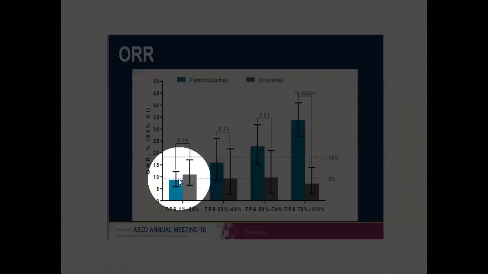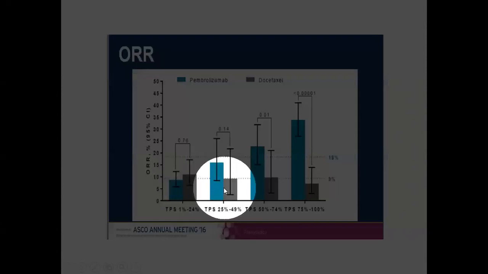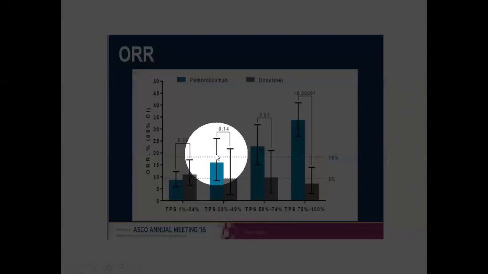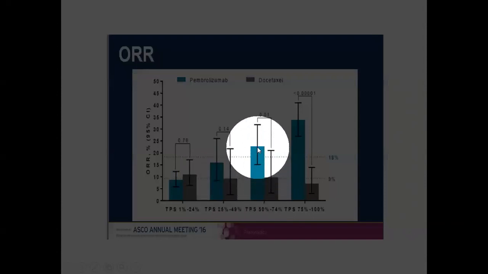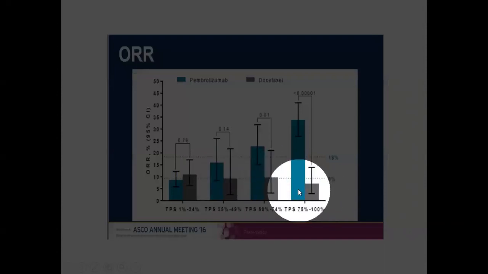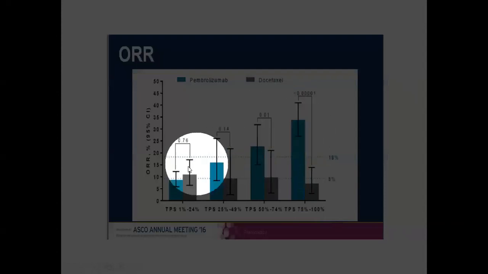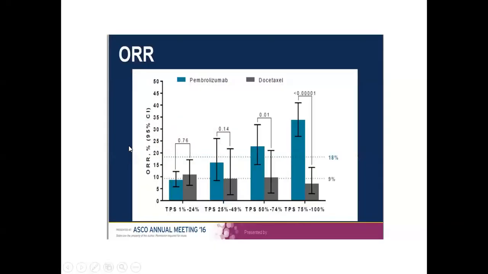At 25% positivity, it is much higher than docetaxel. 50% is even higher, and 75% even higher. So with this data, the higher you are, the better you are. Sure, 1% and more gives you a big catchment. 75% gives you a smaller catchment, but the chance of this working is dramatic. So now I'm asking you, where is your cutoff?